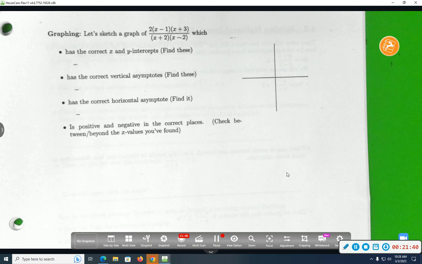Oh, wait. Is it still to divide this? Did you divide this by, yeah.